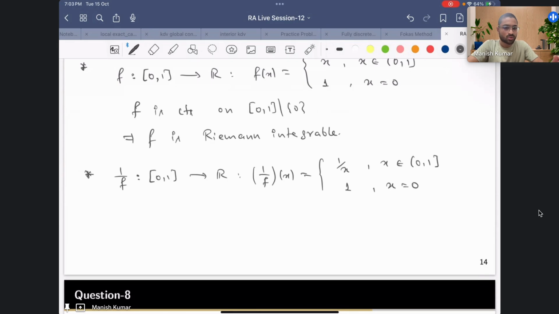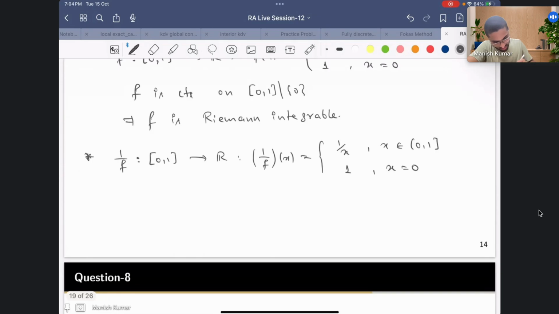Because it is unbounded. Okay, so maybe how I can explain is, suppose you take any partition. How would the partition look? 0 is equal to x0 less than x1, x2, up to xN equal to 1.